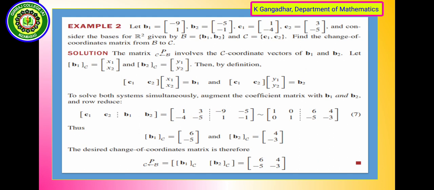So in that, the c1 c2 matrix is reduced to the unit matrix form and the b1 b2 values are changed. So we get 6, -5 and 4, -3. These two values form two vectors: b1 relative to C is (6, -5), b2 relative to C is (4, -3). So P from B to C is the matrix with columns (6, -5) and (4, -3).